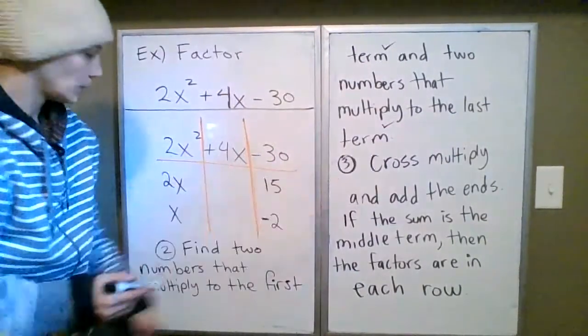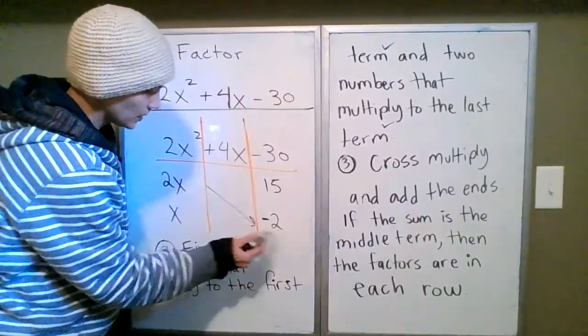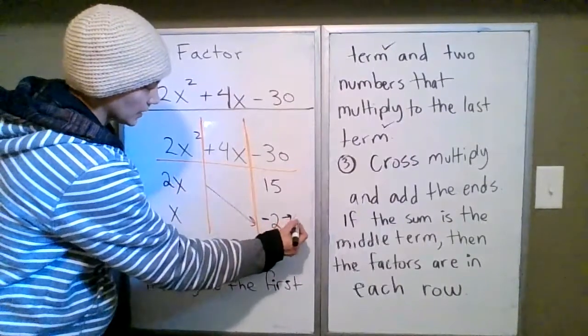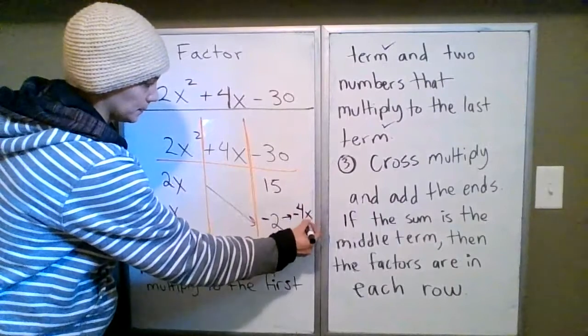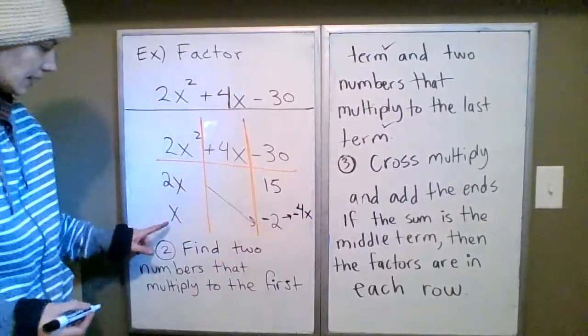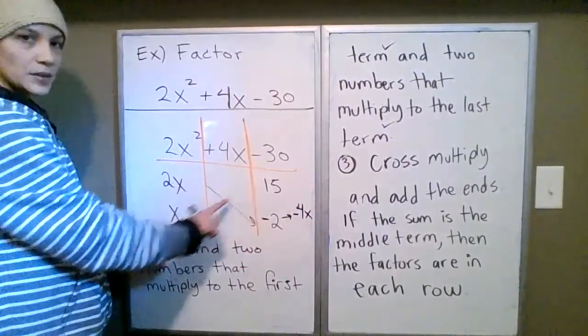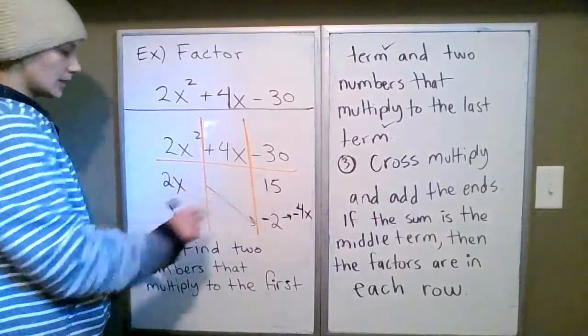Cross multiply. So go 2x times negative 2 is negative 4x. Then go across this way. X times 15 is 15x.